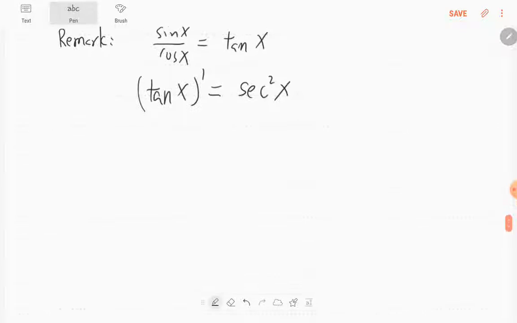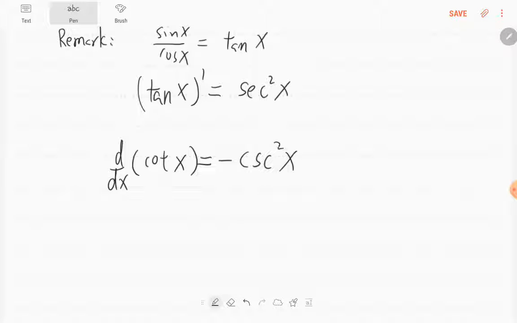Similarly, you can see the derivative of cotangent x. You can try: cotangent is cosine over sine, which is equal to negative cosecant squared x.